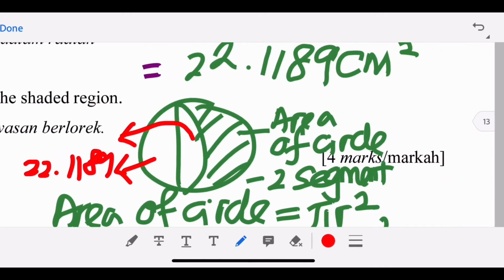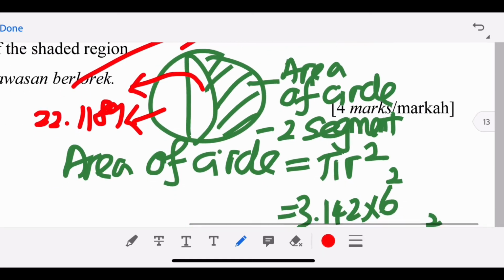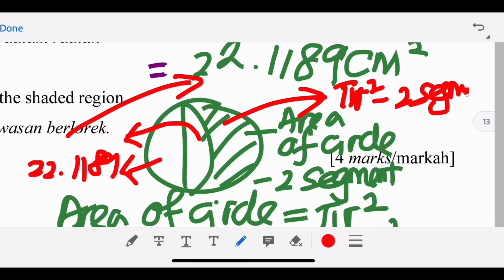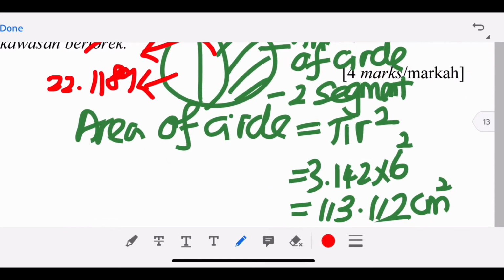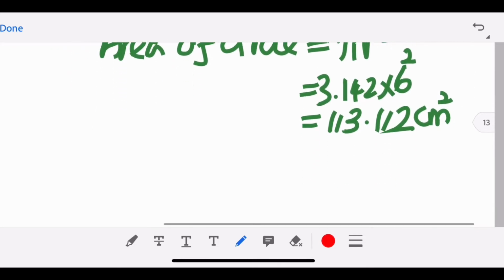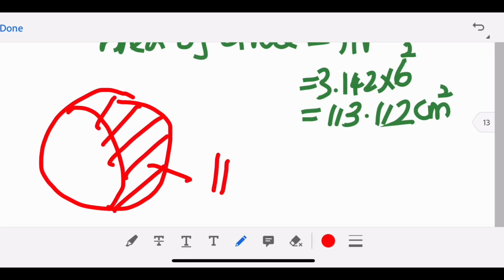You have two segments, so you have 2 times 22.1189, which is the area of the segments. So you have to multiply by 2. Meaning the area for the shaded region in green color is equal to pi r squared minus the area of the two segments.